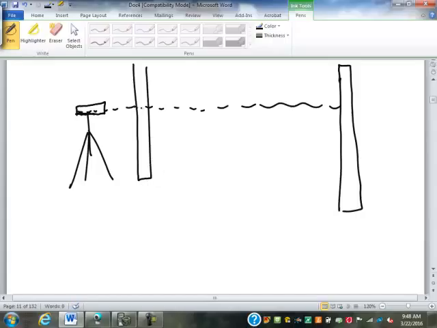Say that reads 48 inches, and you come here and this reads 67 inches. What that's saying is this is 19 inches lower here, because it's got a larger reading on the stick. It's higher up on the stick, so it's further down to that point.